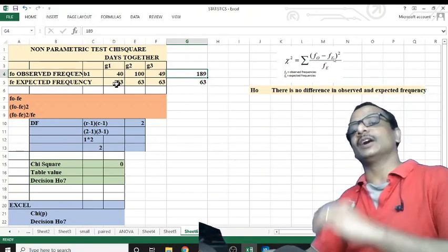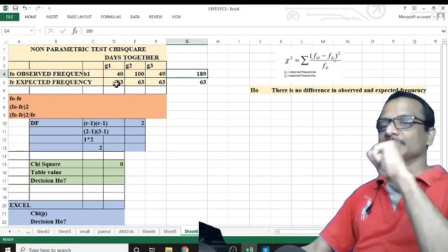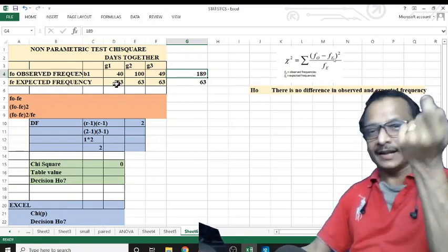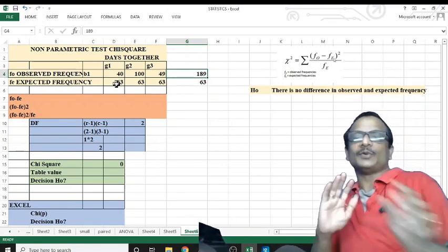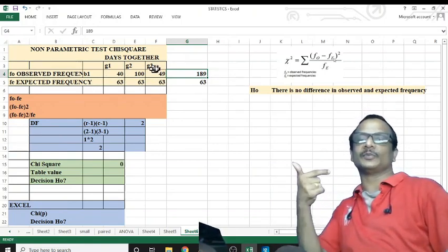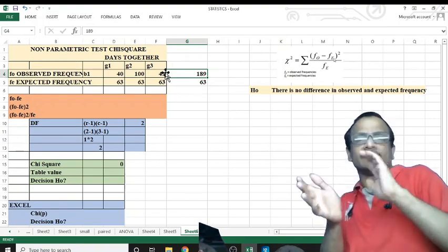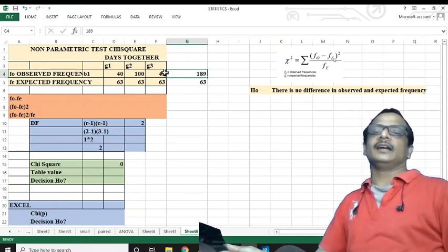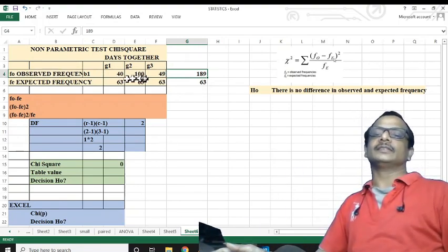And what is our hypothesis? Our null hypothesis is that there is no significant difference between the observed frequency and the expected frequency.